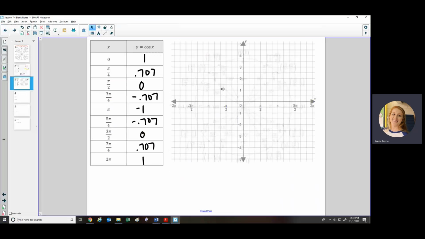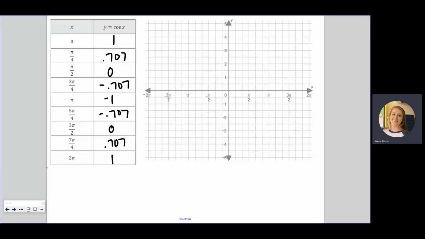All right, so at 0, I'm going to plot the point 0, 1. So up here, notice how this one starts at 0, 1 instead of at the origin. 0.707 for pi over 4, that's halfway in between 0 and pi over 2. So that's about here. So right there. Pi over 2 is 0. 3 pi over 4, halfway in between pi over 2 and pi.